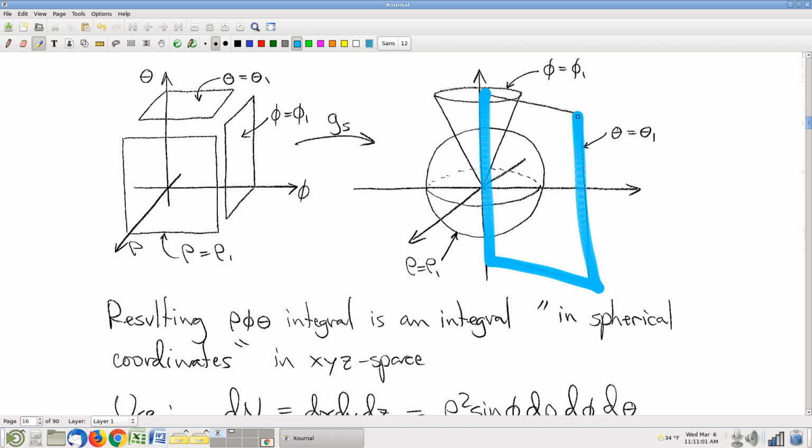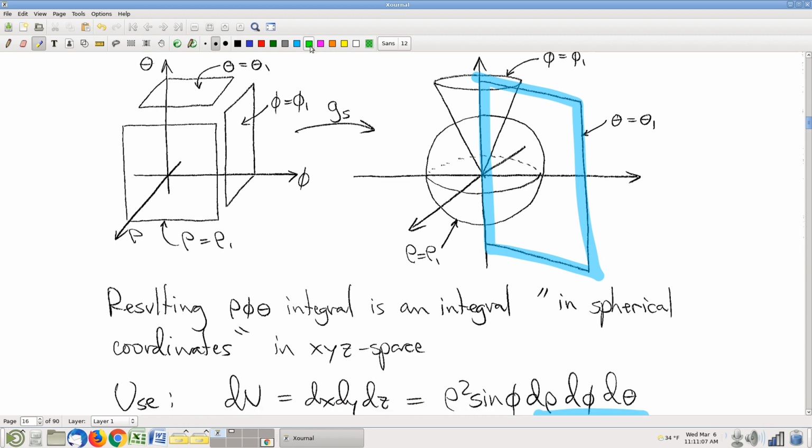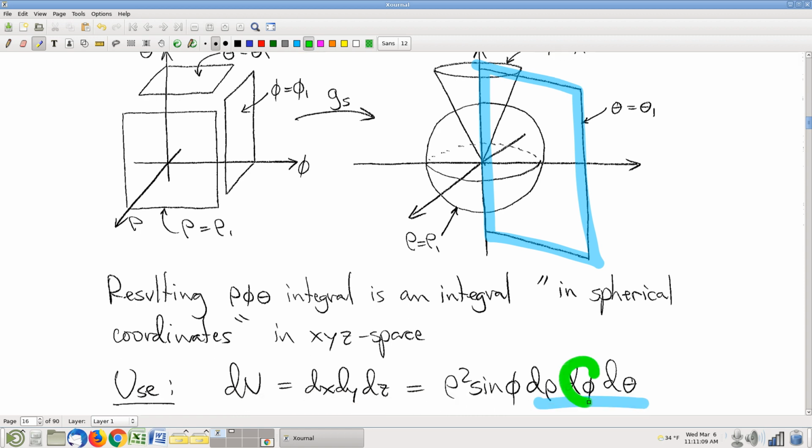Your theta slices are flat, because that's what theta slices look like. Your phi slices, okay, it's a cone, but I only care about how that cone intersects with my theta slice. And inside of that half plane, it's just a straight line. It's a ray coming out of the origin.